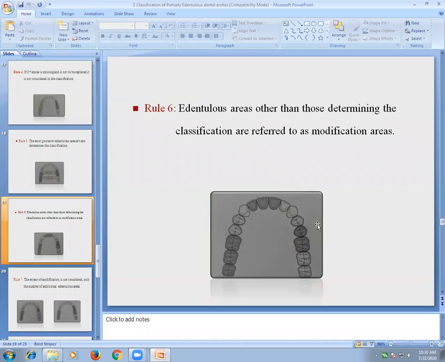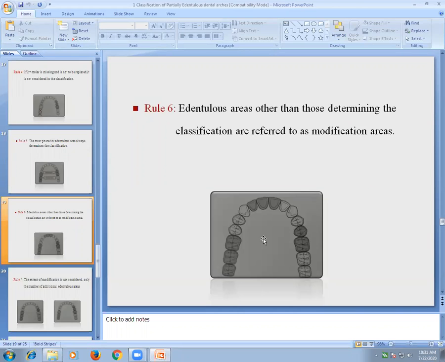Then coming to rule number 6: the edentulous areas other than those determining the classification are referred to as modification areas.